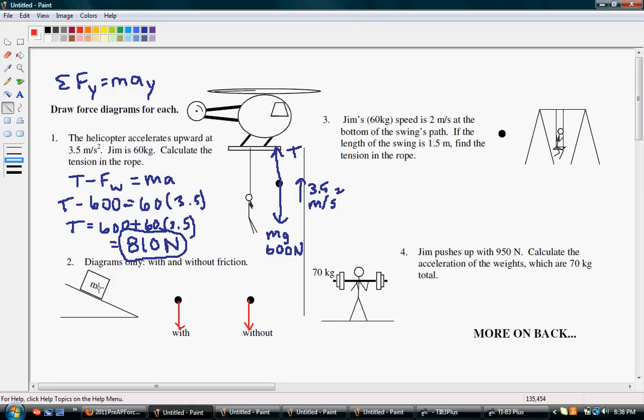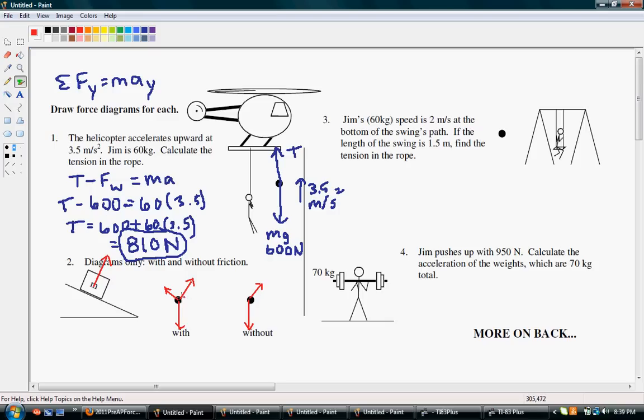We are also going to have a normal force, which is perpendicular to the surface. And if we had friction, friction will be going up the ramp, opposing the motion that it wants to take downward. If we did not have friction, then there would be no frictional force.